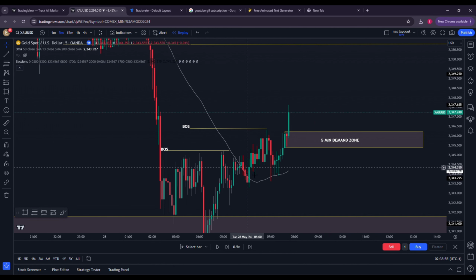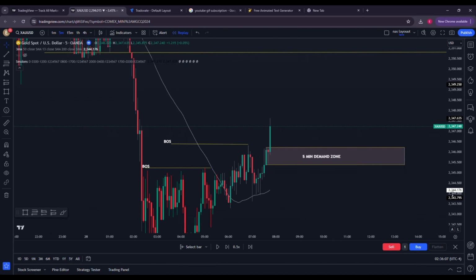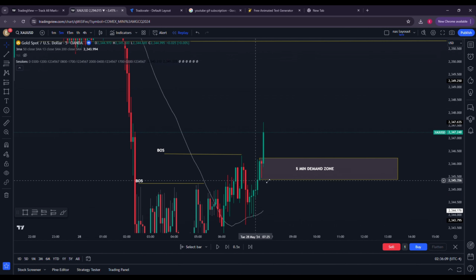We also see that price right now is currently breaking through our EMA. This is the 200 EMA. We see that price is breaking above it, which is great for our analysis.